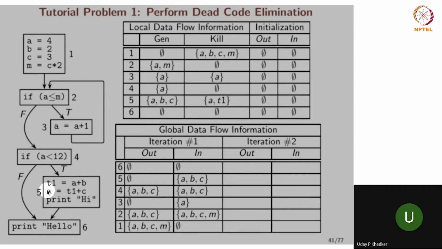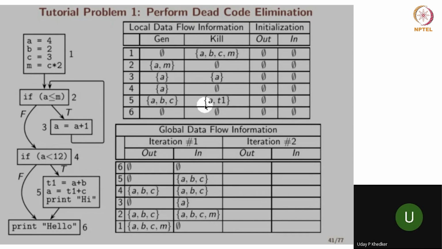But kill merely says, I'm going to block the propagation of liveness from the exit of this basic block to the entry of this basic block. And that is why A is both in kill and gen. Was that your doubt, Aditi? Yes, sir. Got it. Thank you.